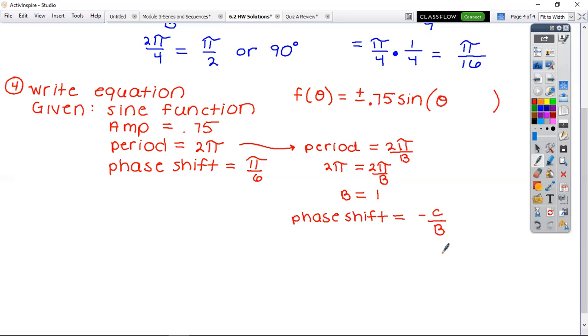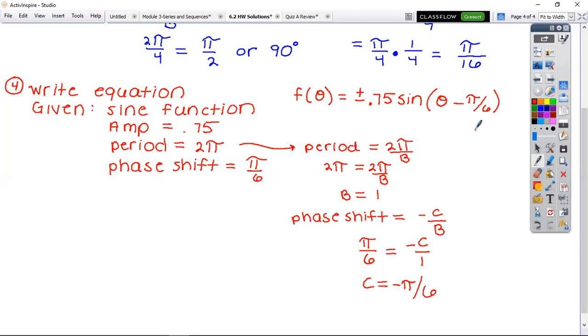We know the phase shift is pi over 6, and that is equal to negative c divided by 1. So what's c equal to? Negative pi over 6. And then you're good. That's the last piece of information you needed. So minus pi over 6. How's that going backwards? Okay so far?